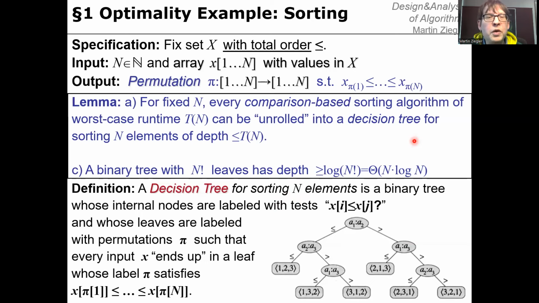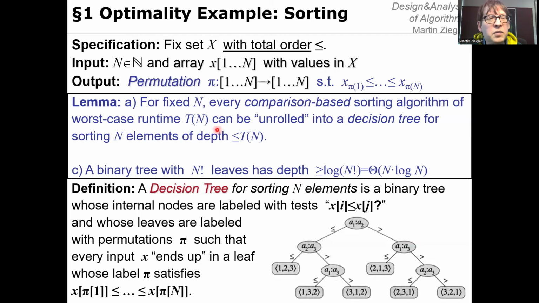Notice how important it is that we talk only about comparison-based sorting algorithms. Also observe that the running time of that initial algorithm corresponds to a bound on the depth of that tree, because each comparison we simulate symbolically results in one additional level in that tree.